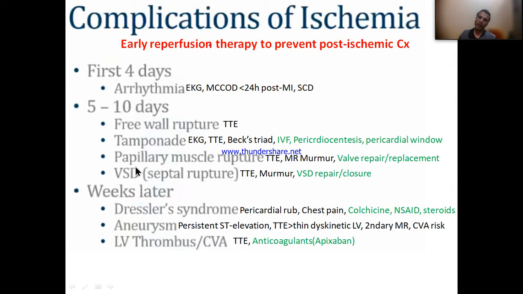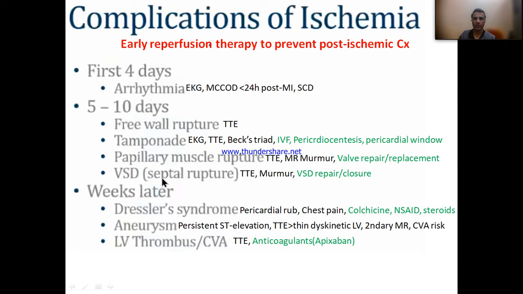And if there is papillary muscle rupture, that can obviously cause severe mitral regurgitation, that can cause cardiogenic shock. So you will do transthoracic echocardiography in order to look for the papillary muscle rupture. And valve repair or replacement is the management for papillary muscle rupture.